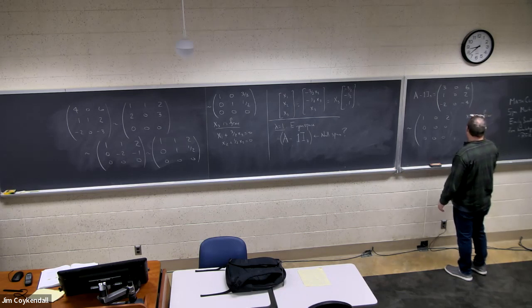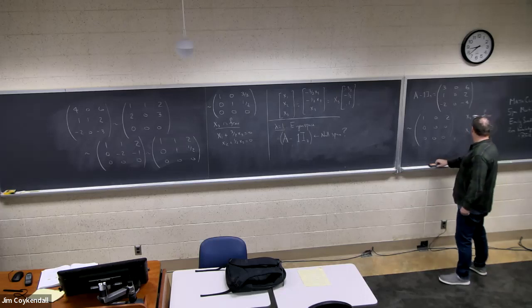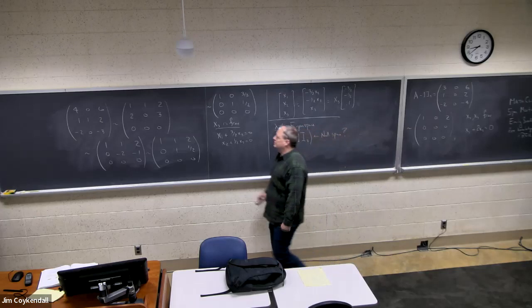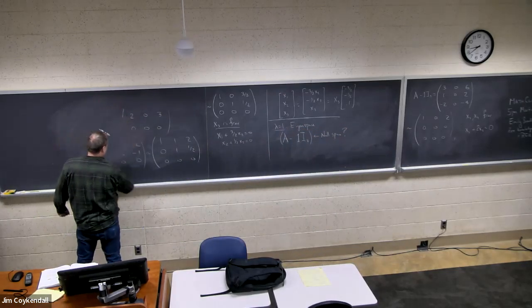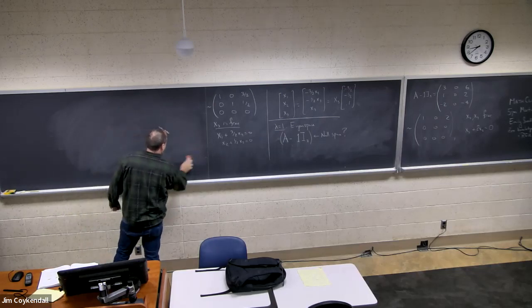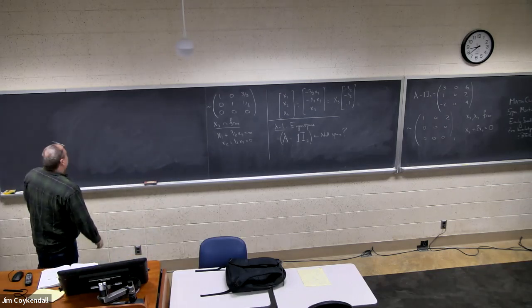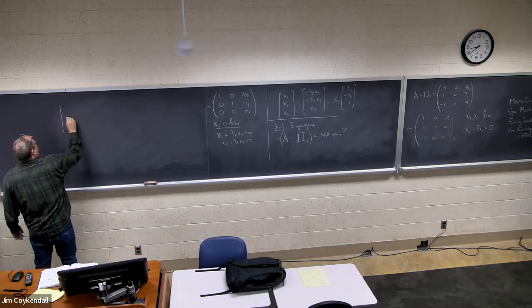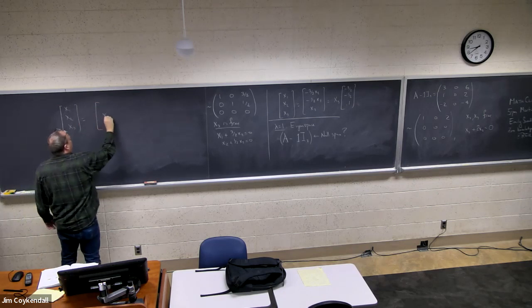And I need the equation x1 plus 2x3 equals 0. So my typical eigenvector looks like this. See, x2 and x3 are both free.